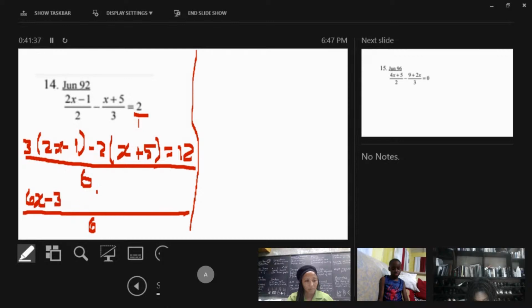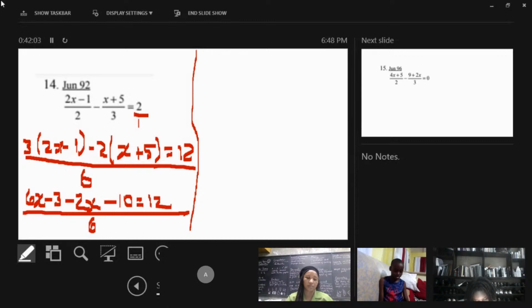And negative 2 times x, that's minus 2x. And negative 2 times positive 5, that's negative 10, minus 10. So it's equal to 12.